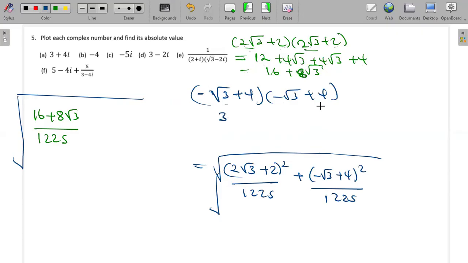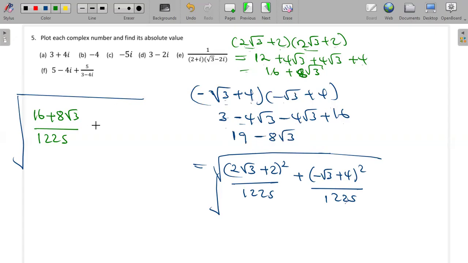Then multiplying by the 4 gives negative 4 root 3, and again negative 4 root 3. Then 4 multiplied by 4 gives 16, so plus 16. 16 plus the 3 gives me 19. And adding these two, I get negative 8 root 3. But it's also over this 1225.